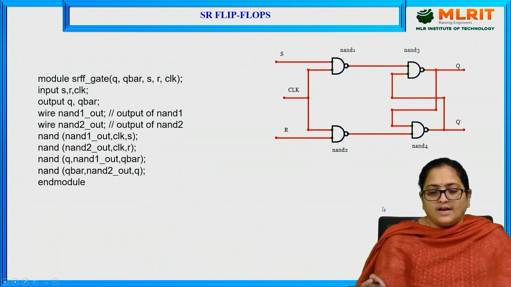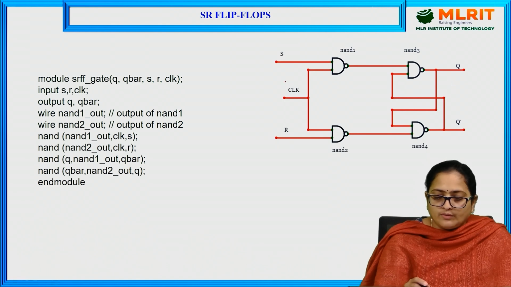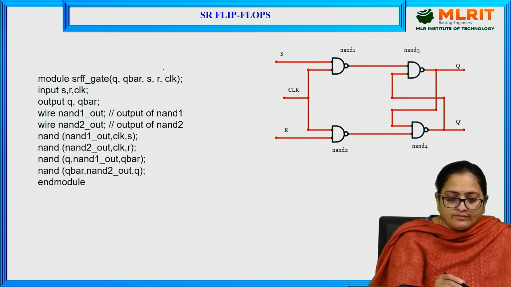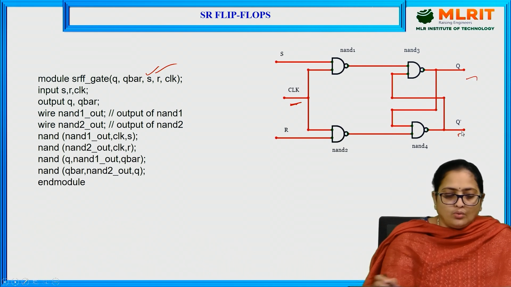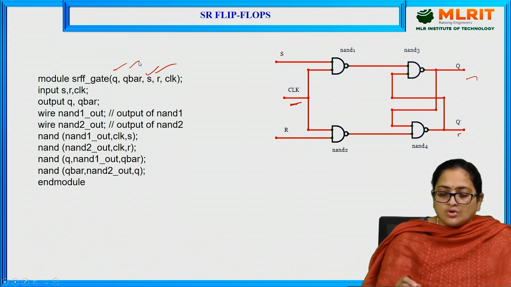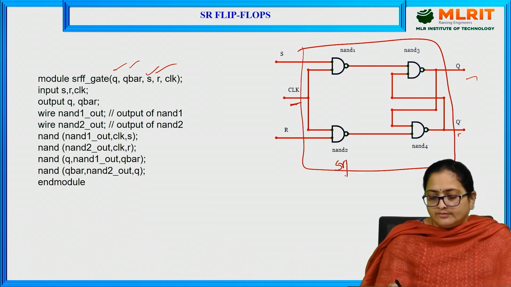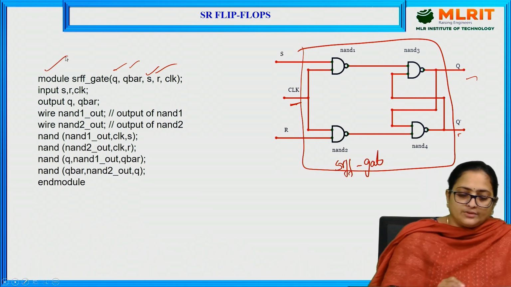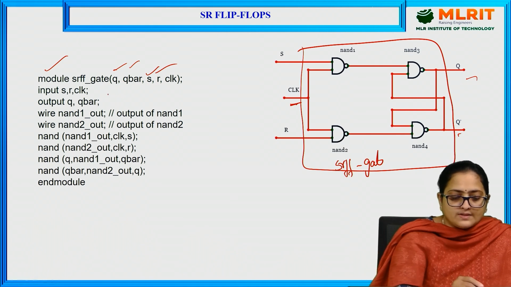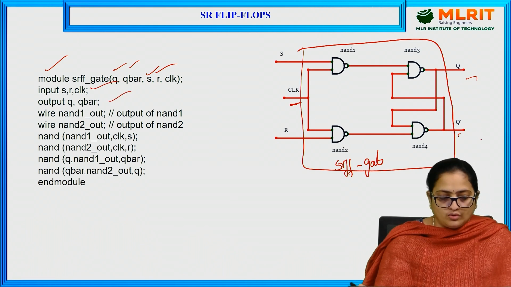So this is another SR flip-flop. Here this flip-flop has inputs S, R and clock, and the outputs are Q and Q bar, and the module name is given as SR flip-flop underscore gate. Declare the inputs as S, R and clock, and declare the outputs as Q and Q bar.